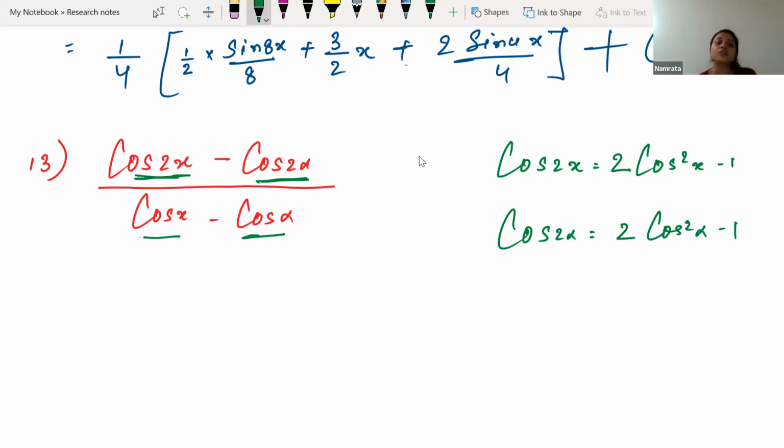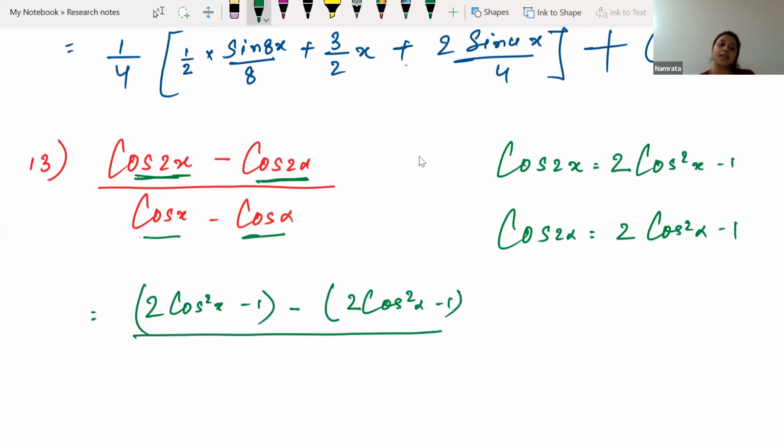Let's write it in the numerator: 2 cos square x minus 1 for the first part, and the same formula in terms of alpha for the second, so 2 cos square alpha minus 1, divided by cos x minus cos alpha.